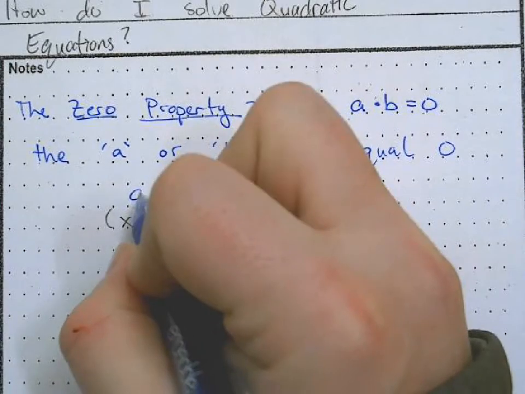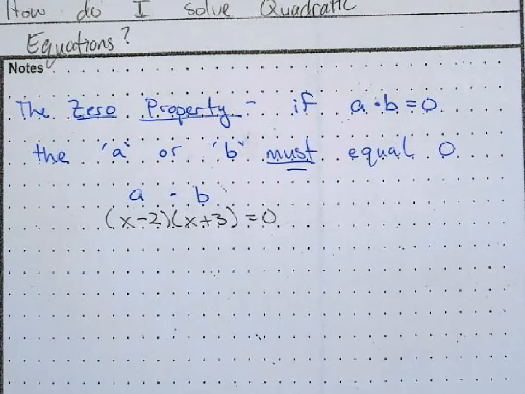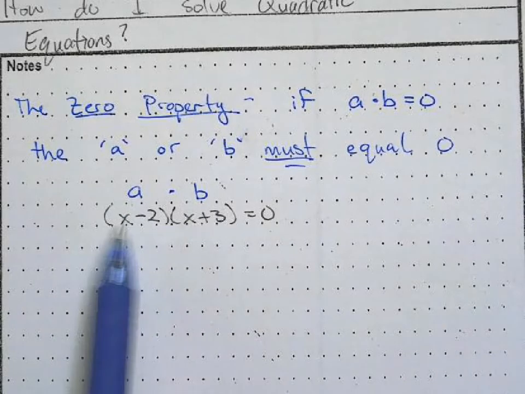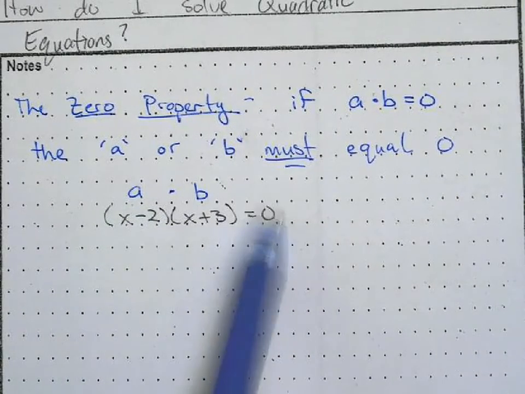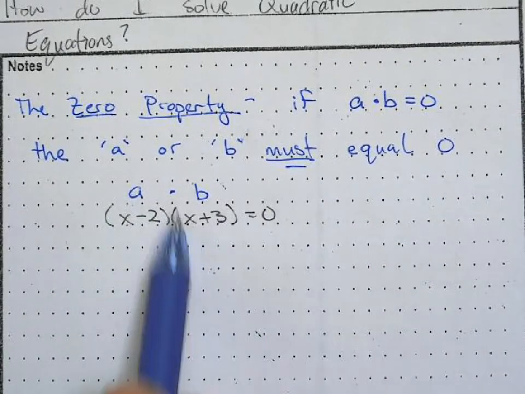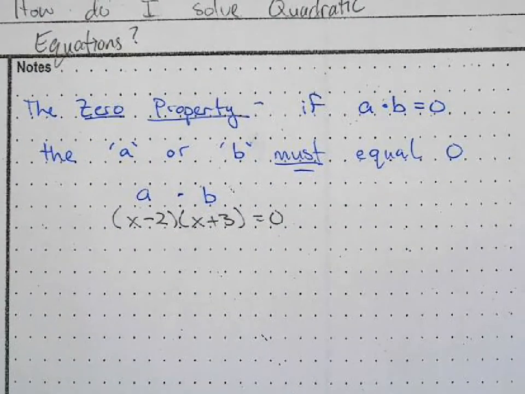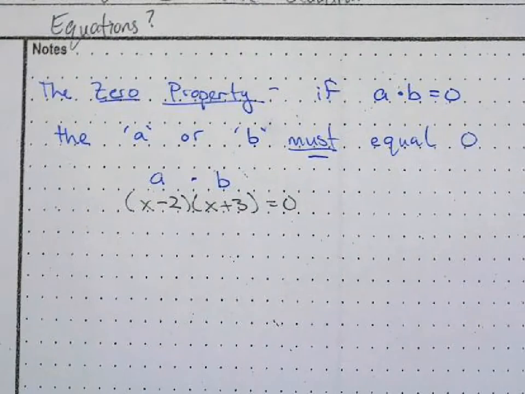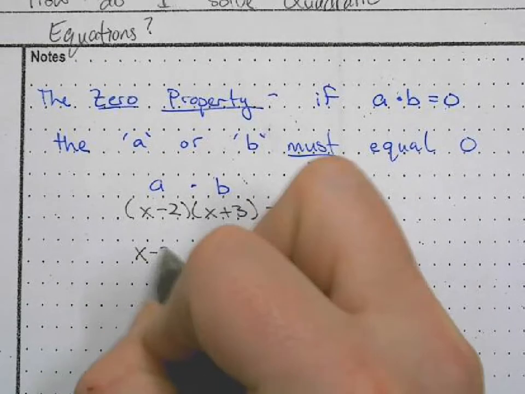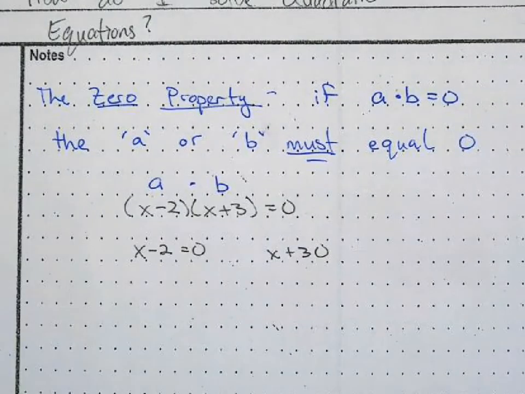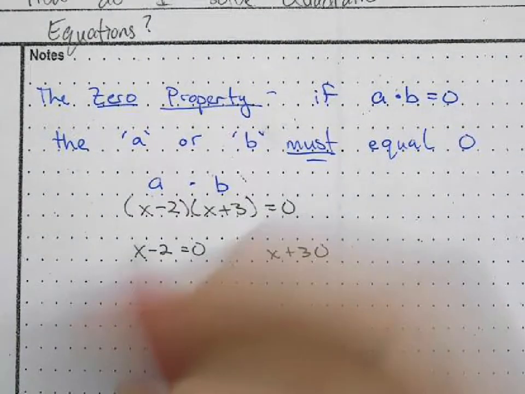Well, this is the idea of my A times my B. So what this property is saying is that A, x minus 2, must equal 0, or B, x plus 3, must equal 0. So we're going to end up coming up with two solutions. So what we do is we just set each piece equal to 0, and then we solve.